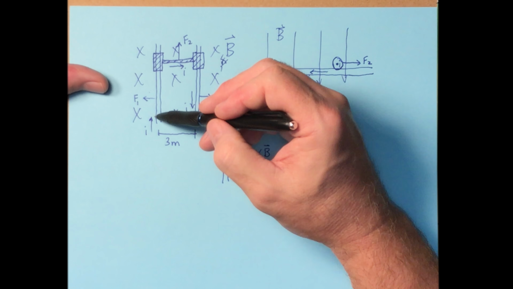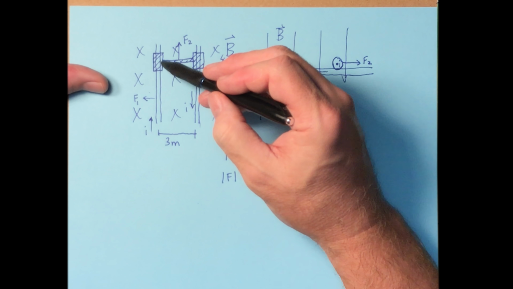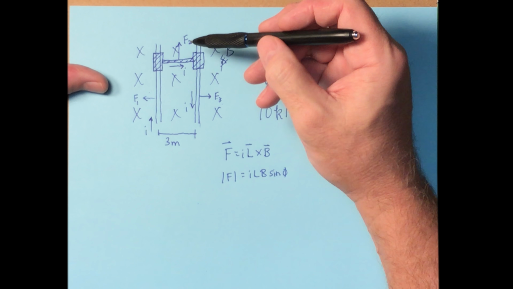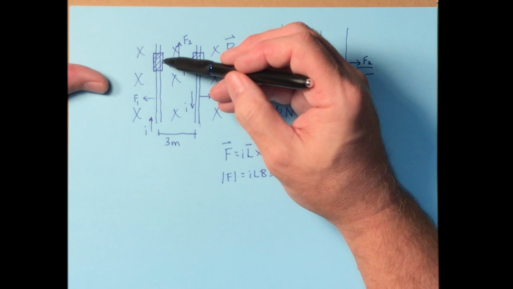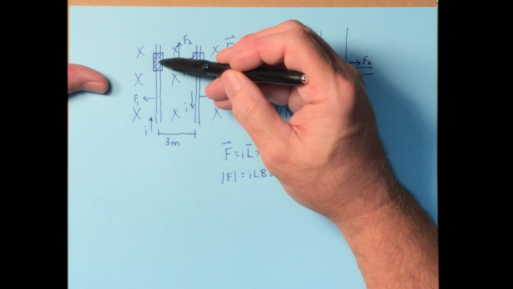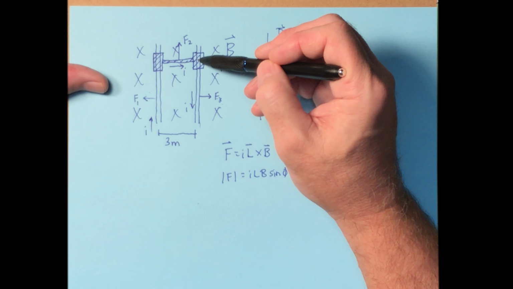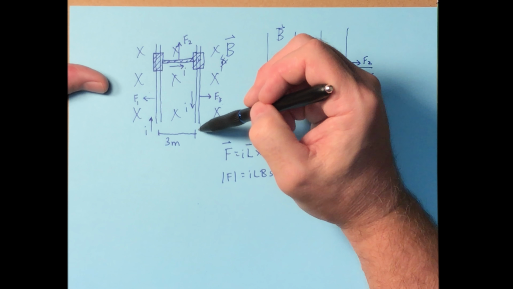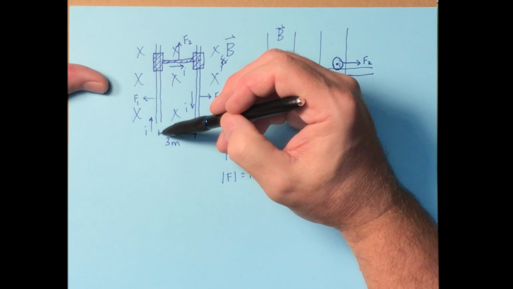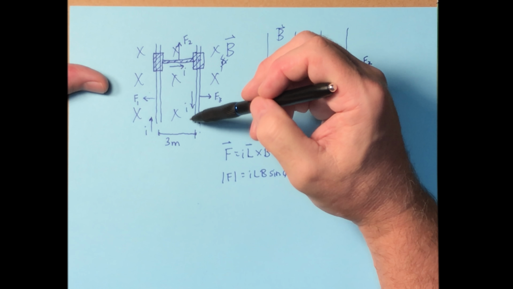We really don't need to concern ourselves with the rails, we just need to concern ourselves with the axle here. And the conducting path is from where the wheel on this side meets the rail to where the wheel on this side meets the rail, which is 3 meters between those two. So that's our L. Our L is going to be 3 meters.